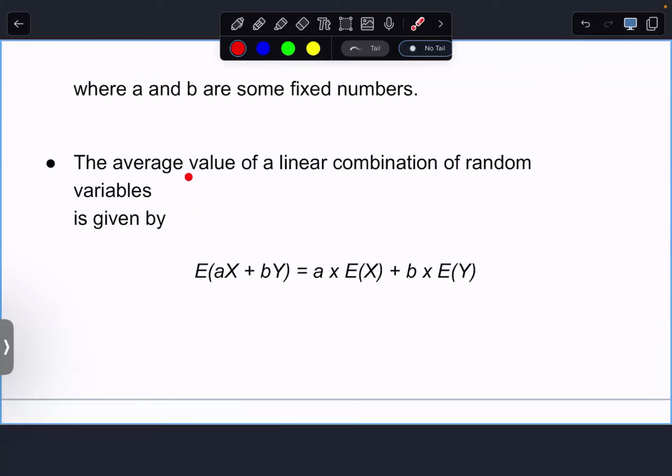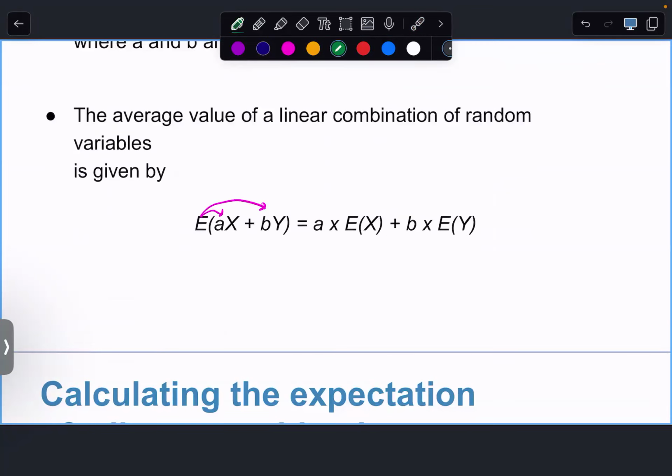Then the average value or the expected value of this linear combination is going to look like this. So the expected value of ax plus by, well, it behaves kind of the way you want it to. It can wrap around the expected value of each of these things, right? And so we can rewrite this. This is technically true, but it kind of skipped some things. This is the same as the expected value of ax plus the expected value of by.